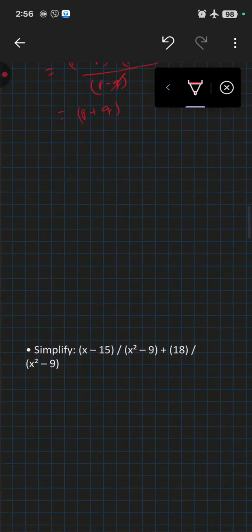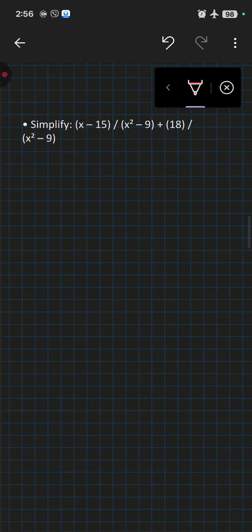Moving ahead to the next question, we have x minus 15 in the numerator and x square minus 9 in the denominator. Similarly, plus is in between and 18 over x square minus 9.